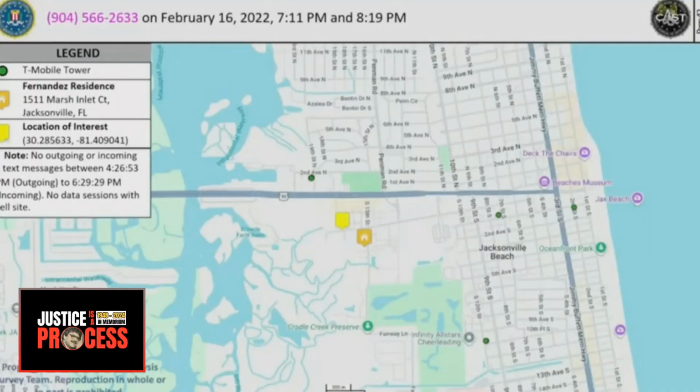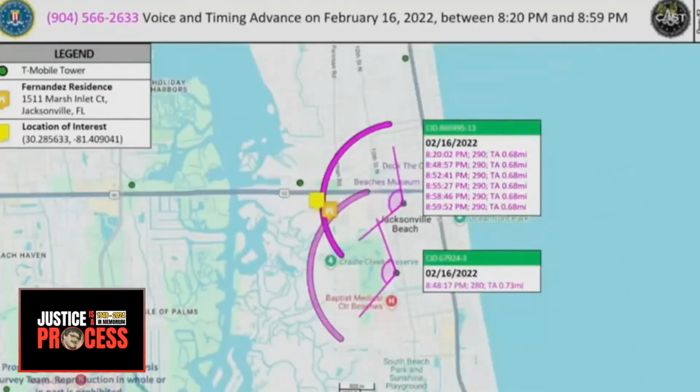And we see here, what can you tell us about any cellular usage? I know you did it last slide, but for this time frame, are there any incoming or outgoing text messages or data sessions or phone calls coming in and out? No, not between 4:26 and 6:29, and then nothing else until the 10:46, and there's no data sessions with cell site during this time frame.